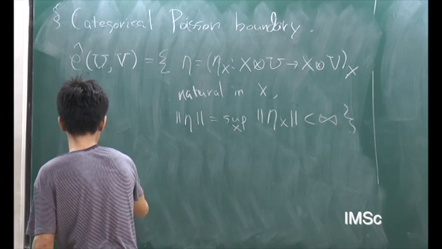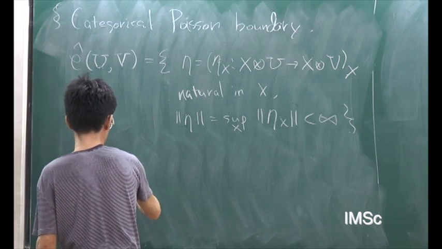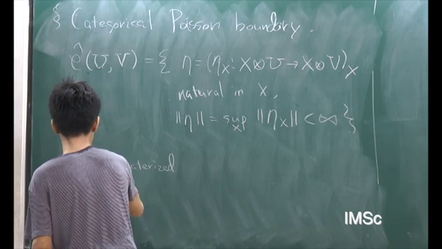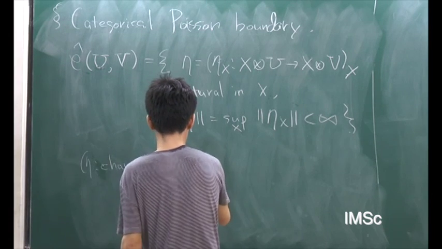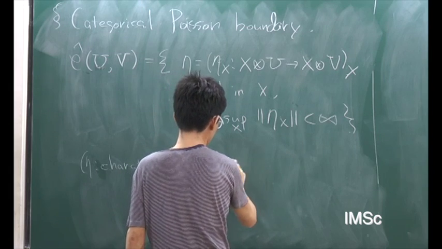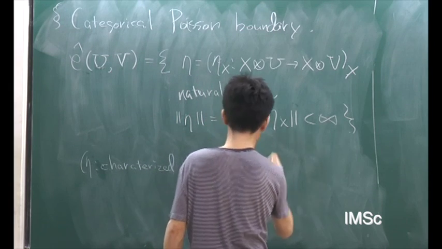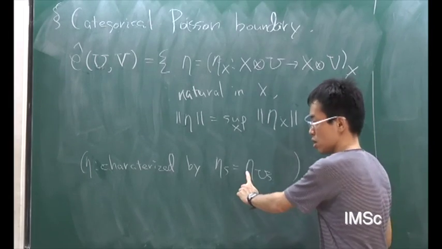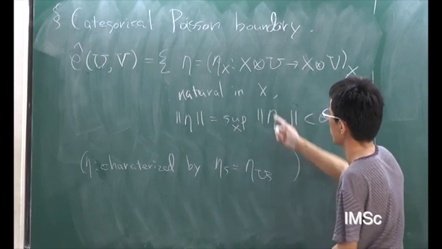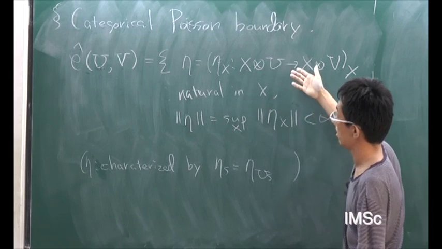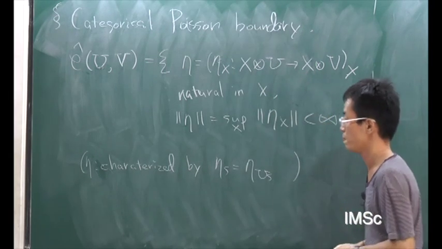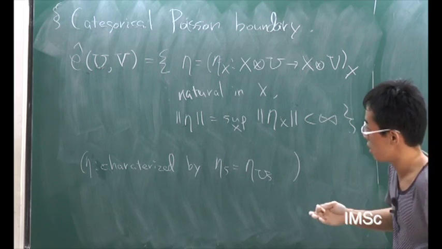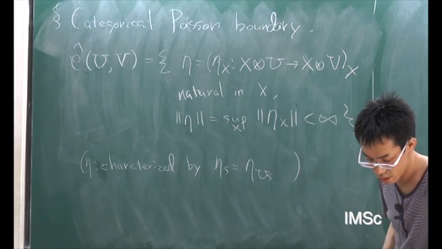So eta is characterized by eta_s. This is precisely what you need to determine, and this is something you can freely choose, as long as these are morphisms in C. Okay. So we want to define a random walk on this set. That's the precise goal.